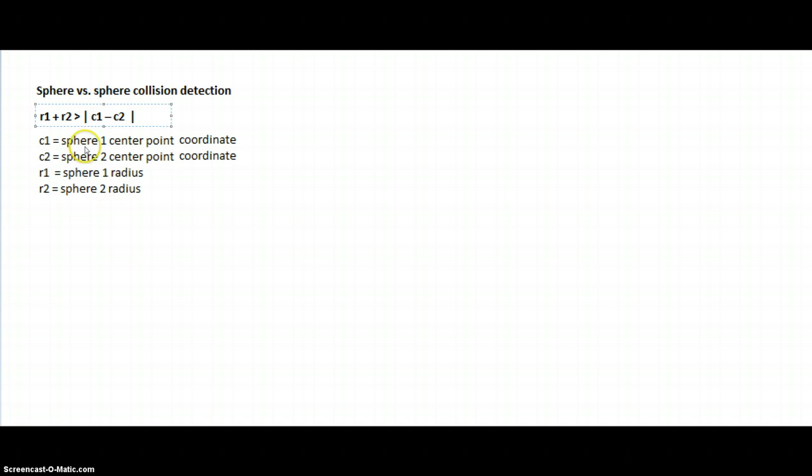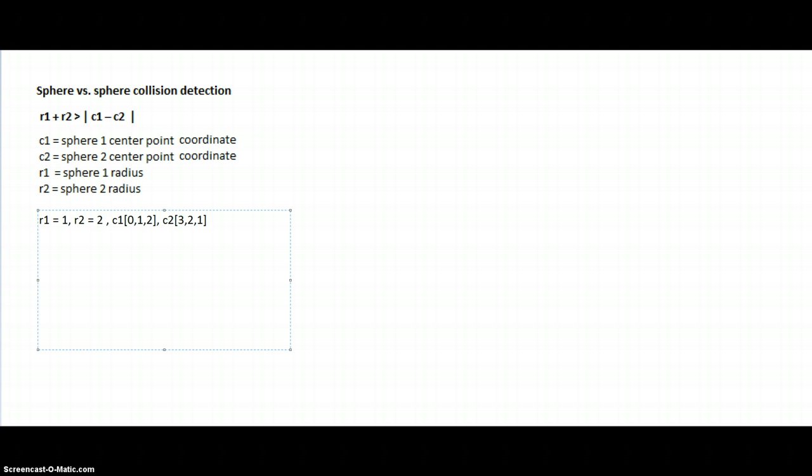So let's try to calculate that using values. Let's say R1 is 1, R2 is 2, C1 has coordinates 0, 1, 2, and C2 has coordinates 3, 2, 1.